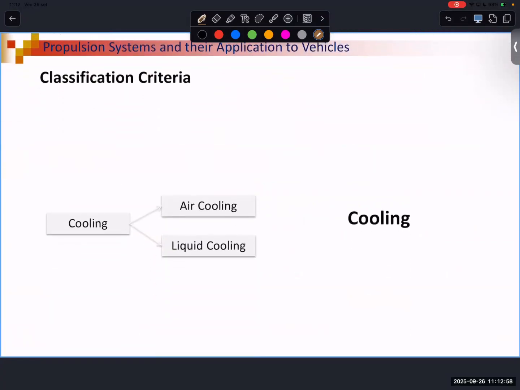Another possible classification is related to how cooling is performed. Air cooling or liquid cooling. Now we can consider that liquid cooling is practically adopted for 100% of the vehicles. So air cooling was practically abandoned.